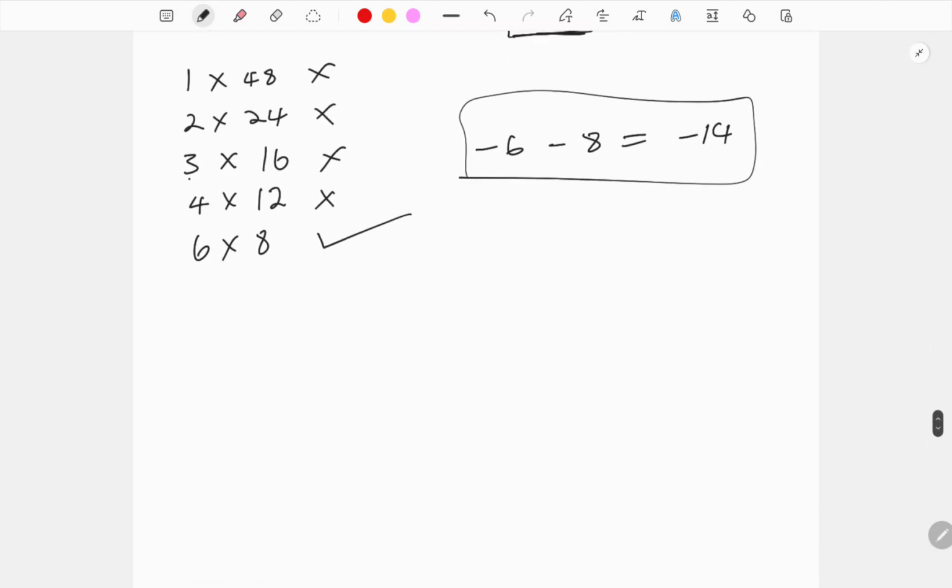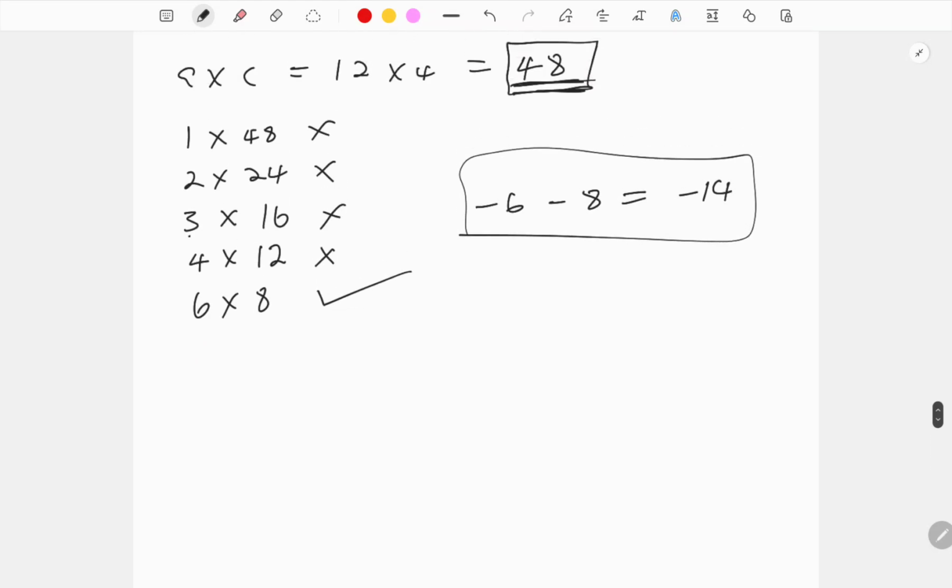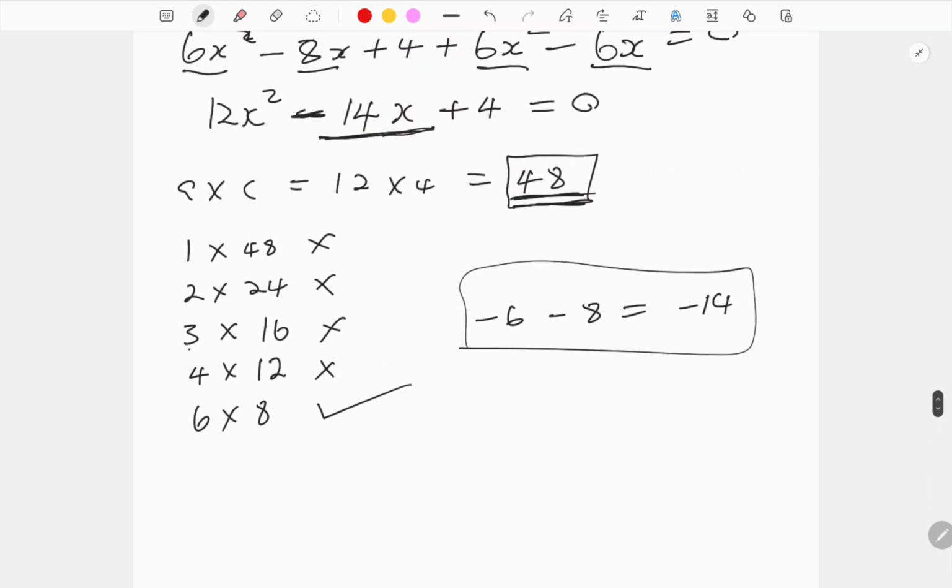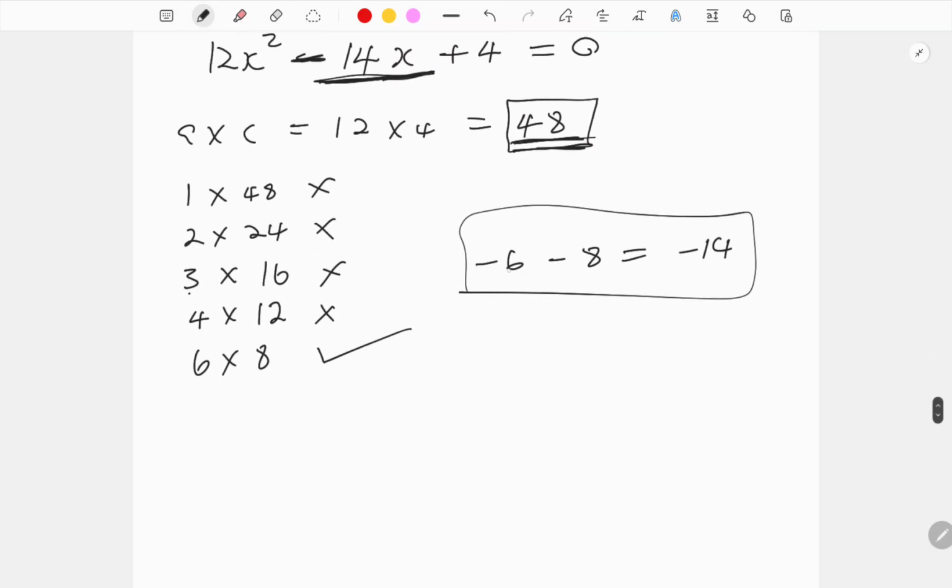Let's go. We rewrite the middle term of minus 14x as minus 6x and minus 8x. So it's 12x squared minus 6x minus 8x plus 4 equals 0.